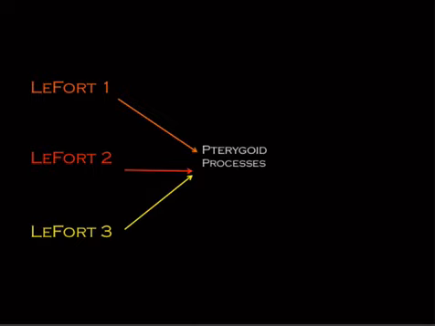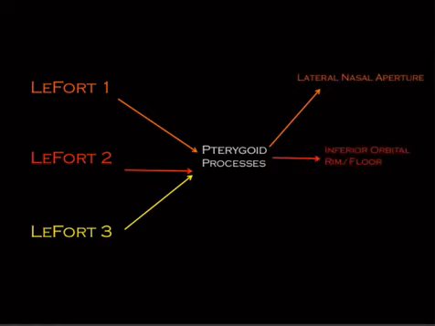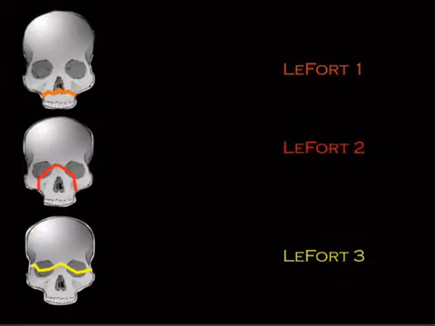And then there's unique fracture points for each one. Type 1 has got fracture of the lateral nasal aperture. Type 2 has got fracture of the inferior orbital rim or floor. And then type 3 has got a fracture of the lateral orbital rim or floor and zygomatic arch. So let's take another look at that. Type 1 has a fracture right here.